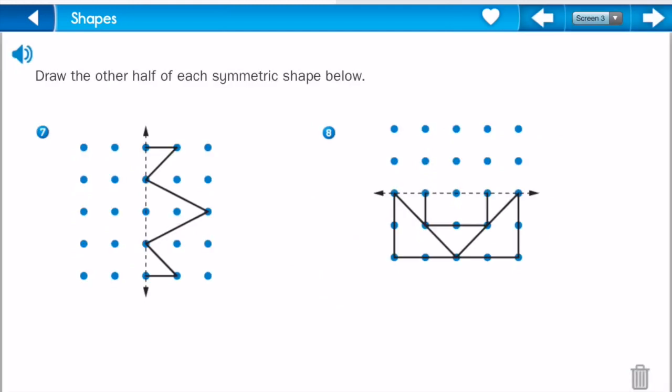All right. These look a little bit trickier, okay? Let's just take it one step at a time. So I see this first one at the top right here. It just slightly goes over.